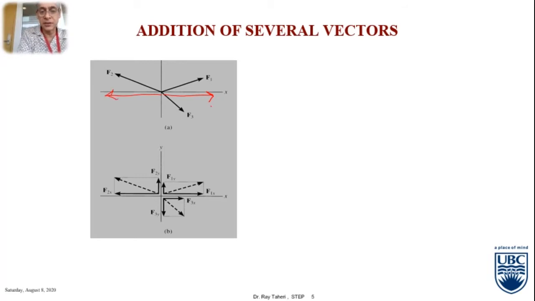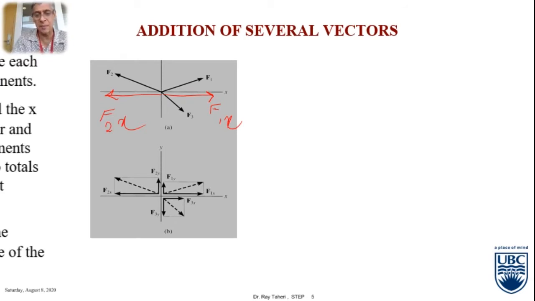So this is F1x, and this is F2x. Therefore, they kind of cancel, not quite cancel because they have different magnitudes, but they counteract each other. So x of F1 and x of F3 are positive, x of F2 is negative. With the same token, y of F1 and y of F2 are positive, and y of F3 is negative.